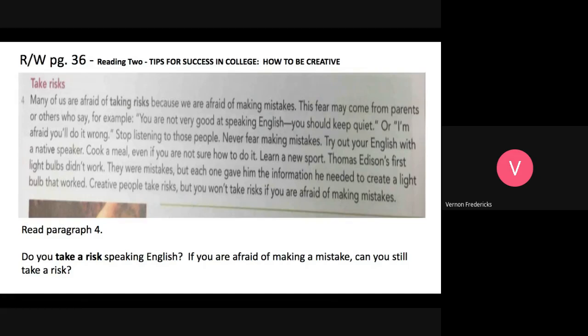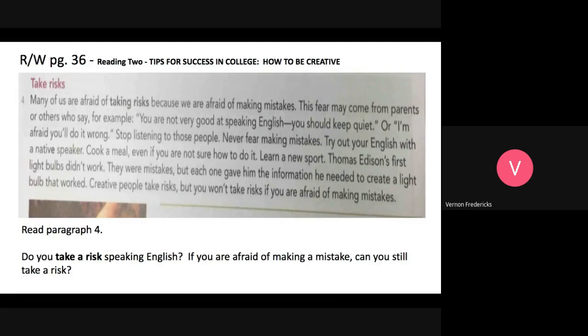Stop listening to those people. Never fear making mistakes. Try out your English with a native speaker. Cook a meal, even if you're not sure how to do it. Learn a new sport. Thomas Edison's first light bulbs didn't work. They were mistakes, but each one gave him the information he needed to create a light bulb that worked.